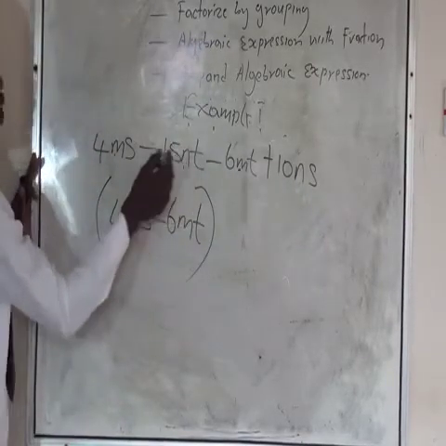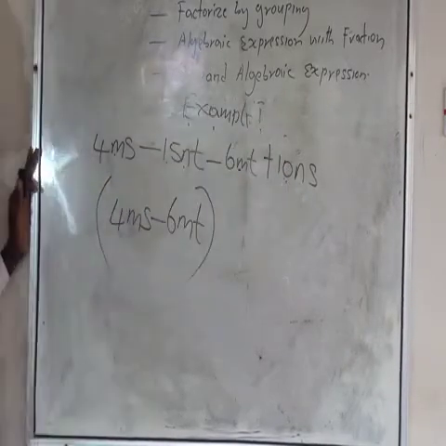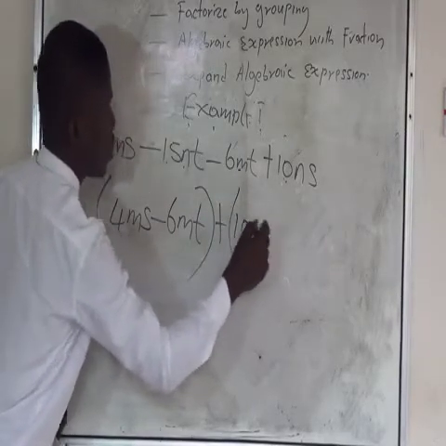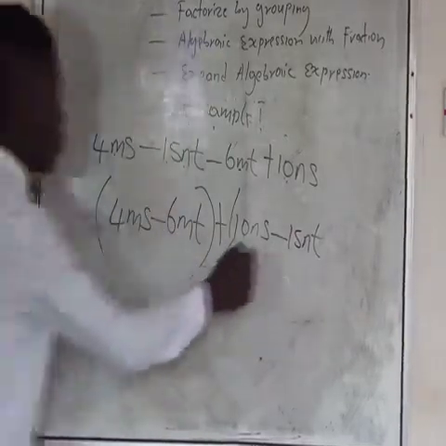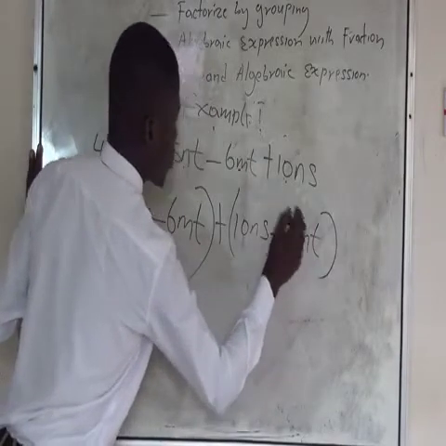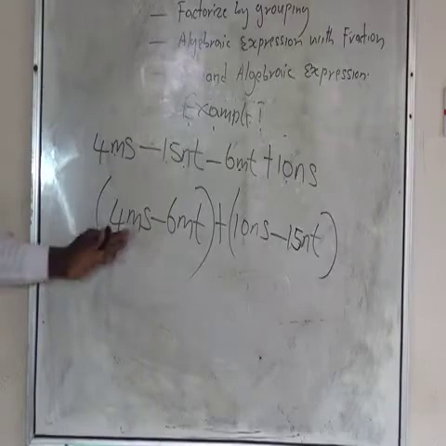N is common here. 5 can divide 15. 5 can divide 10. Then we have plus 10nx minus 15nt. Close the bracket. Then we bring out the common term.